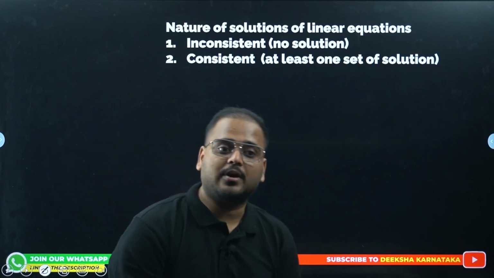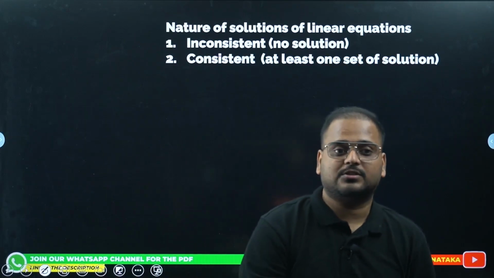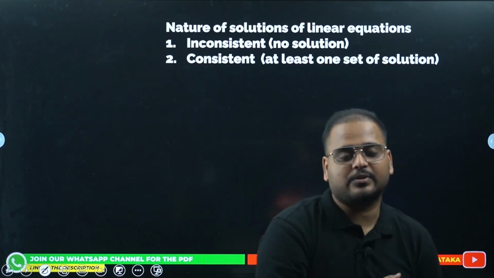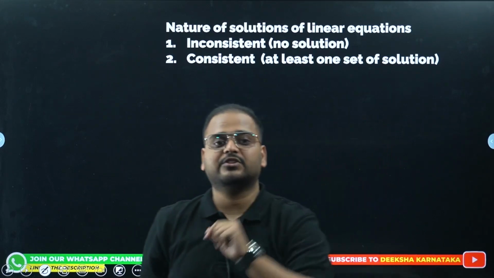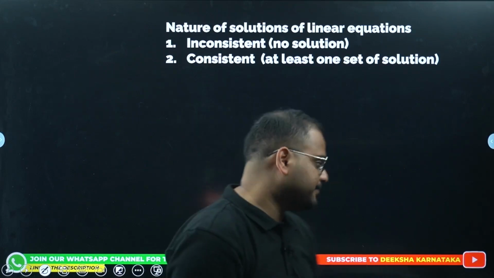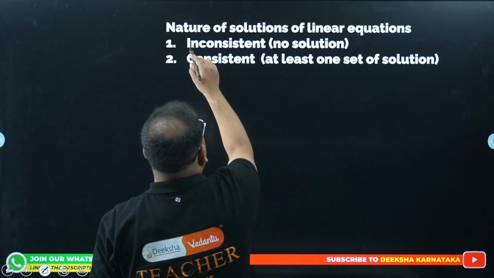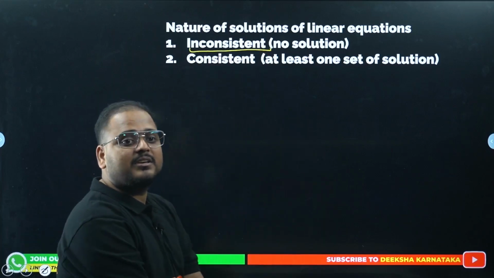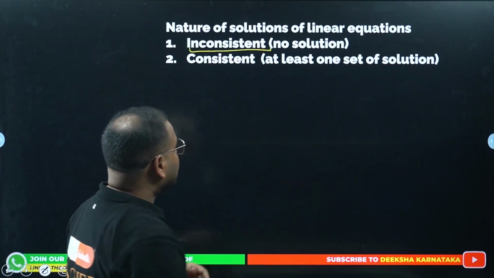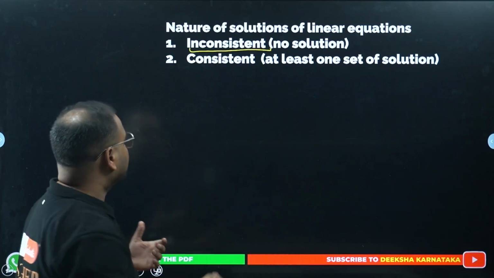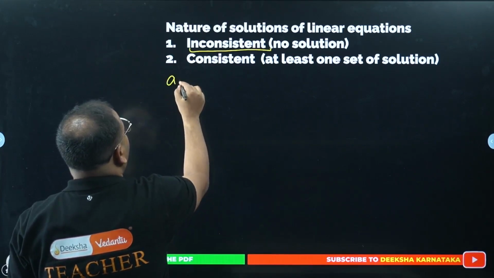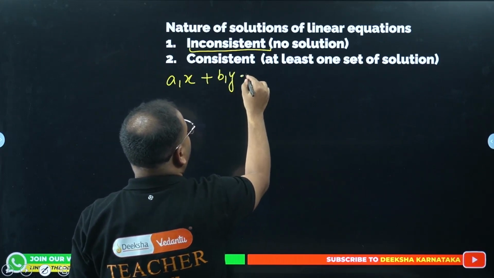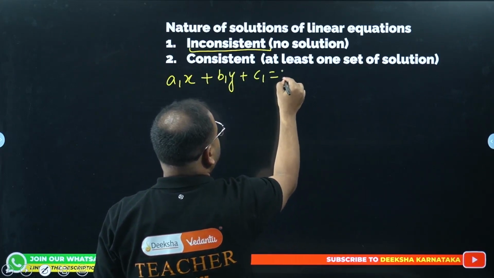Now, a very important part: the nature of these solutions, like how many solutions we are getting and what is the nature of the solutions of linear equations. So we have two natures here. Inconsistent, which means the equations which we have are given. Let's write the equations also: a1x plus b1y plus c1 equals 0.